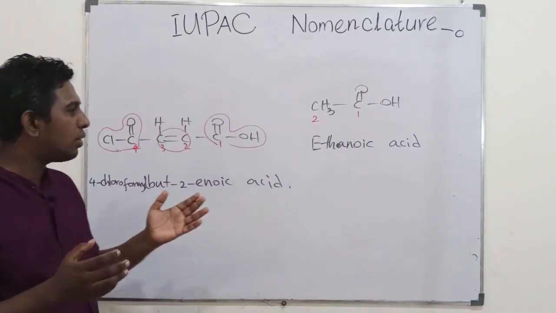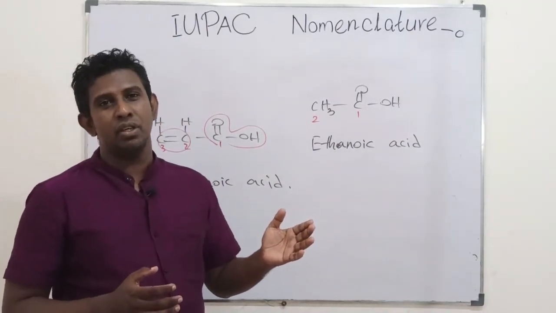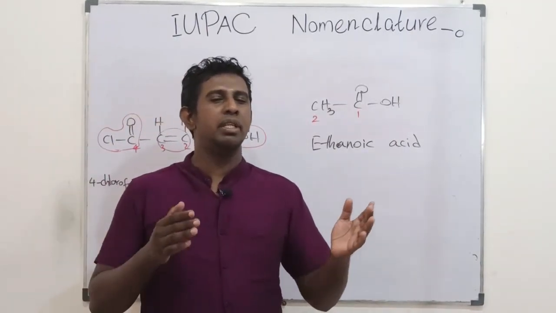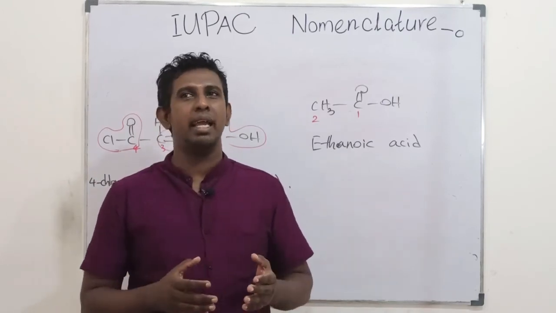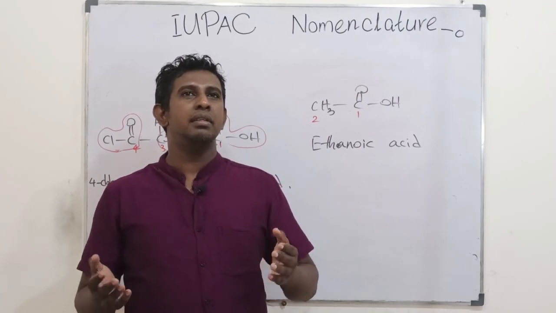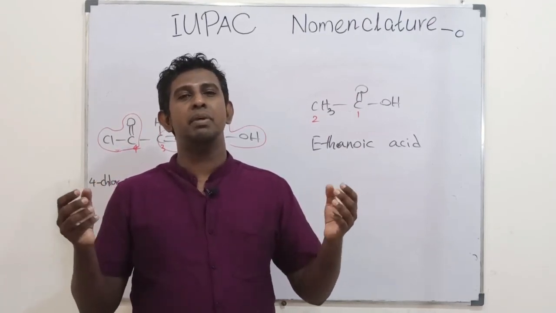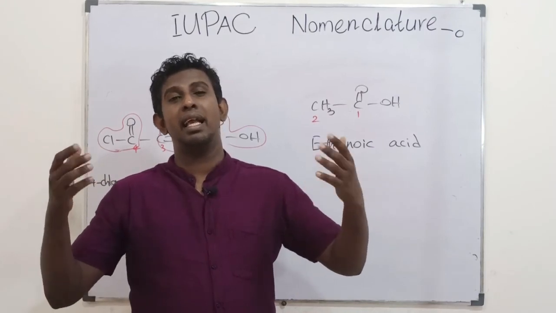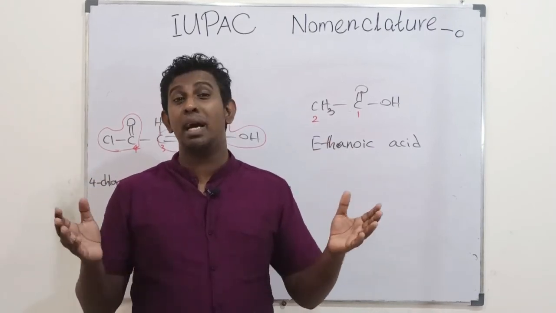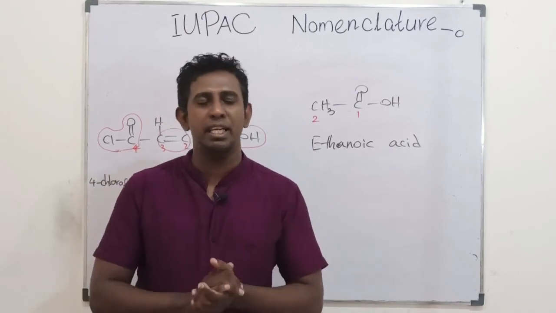It is a systematic name given. So it's based on the number of carbons you find there, the type of functional group, whether you have a carbon-carbon double or triple bond, whether it's an alkane, alkene, alkyne, whether you have branches and such. So we give names accordingly.